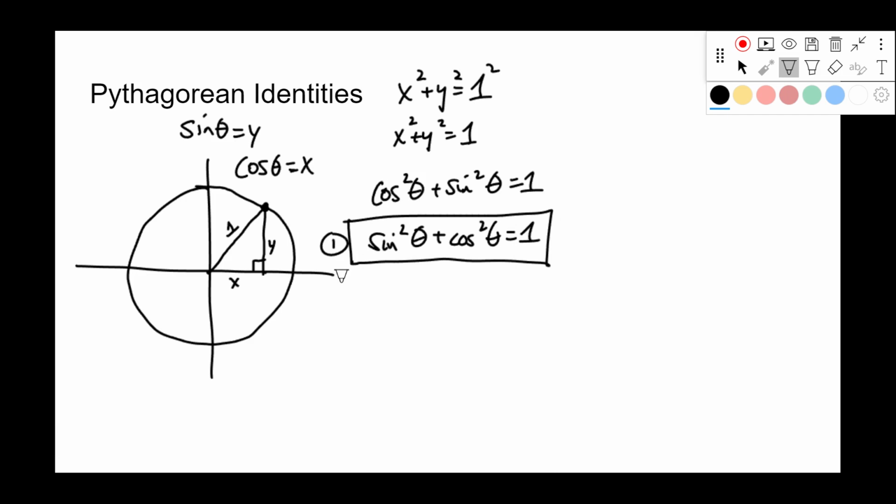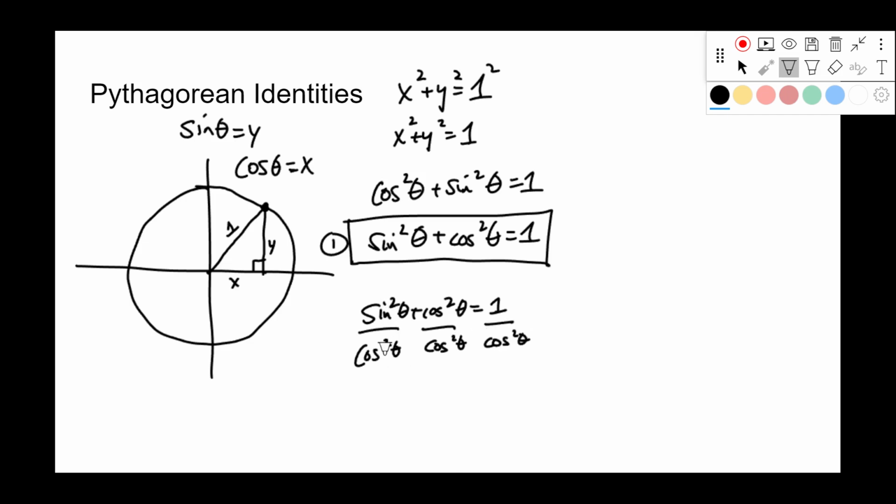Now there are 2 more. Okay, I can show you how to get them real quick. To get the second identity, what you do is take the first identity, take sine squared plus cosine squared equals 1, and divide all 3 of these by cosine squared and rewrite the trig function that you get.